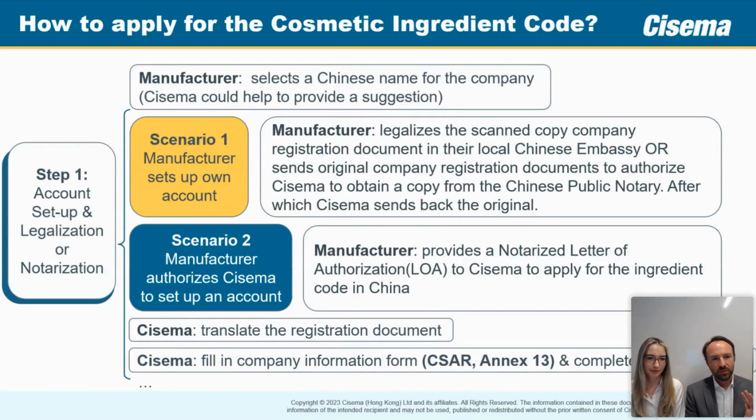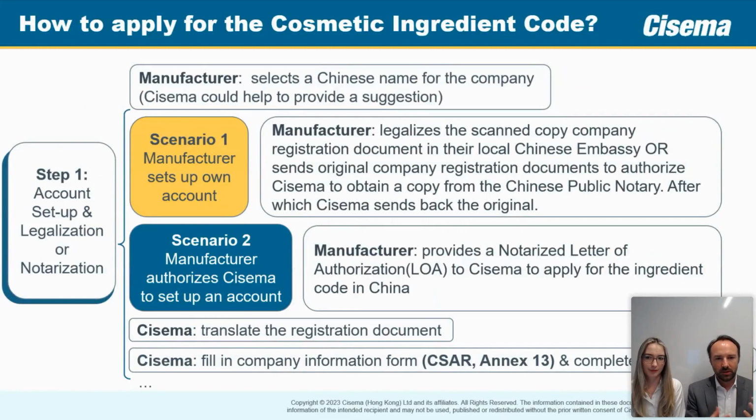Or scenario 2, if instead the manufacturer would delegate such authorization to a third party, then there's the letter of authorization signing process, which is generally a more straightforward and streamlined process, I would add. But it just depends how you would like to set up, and continue to comply with the requirements over time.